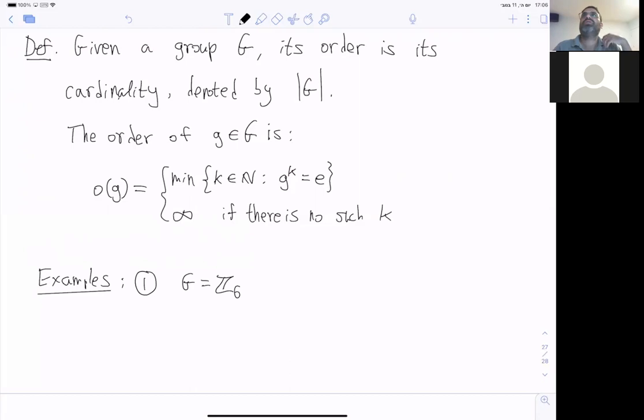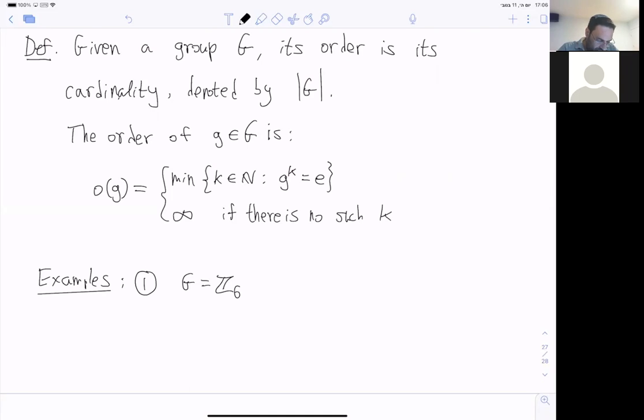Sorry, what is the question? No. It doesn't have to be cyclic. Thank you. No, it's not. It doesn't have to be cyclic. Okay, so this example is cyclic, but it doesn't have to be cyclic, of course.